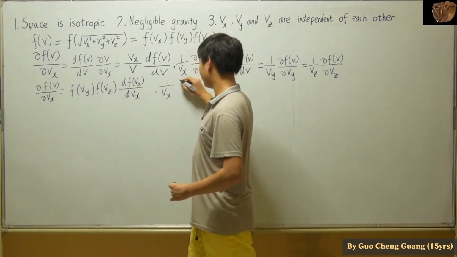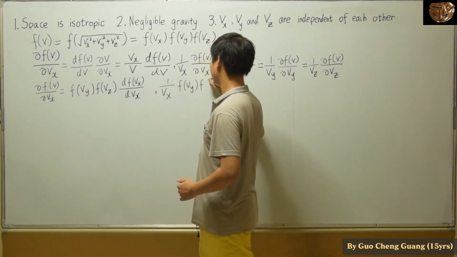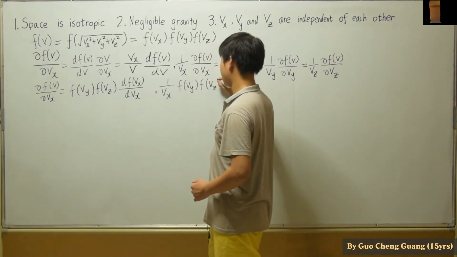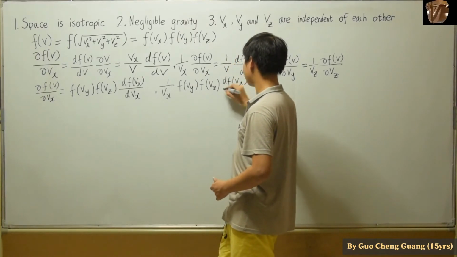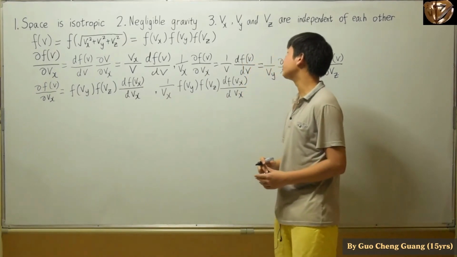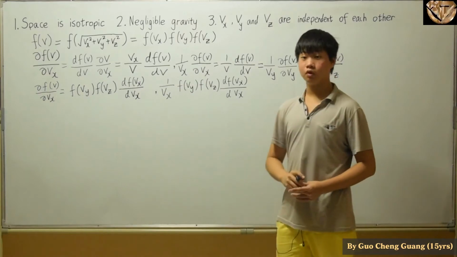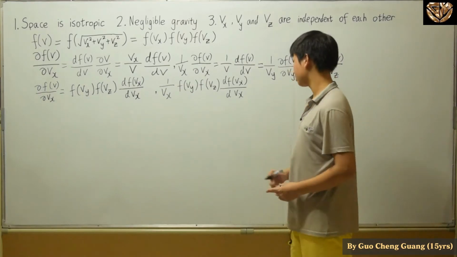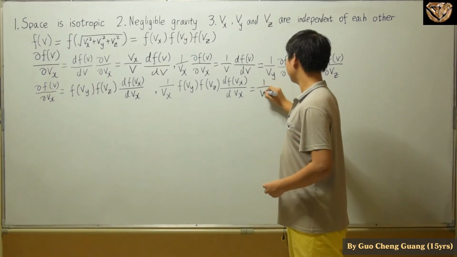So then you'll have f(Vy), f(Vz), D f(Vx) over D Vx. So then you can also repeat the same for the others. Now how are the others going to work? So 1 over Vy.